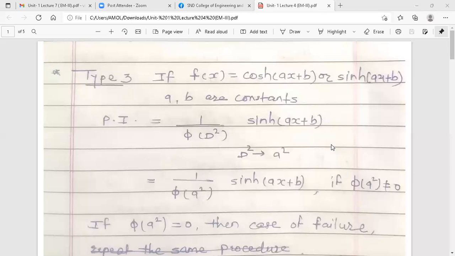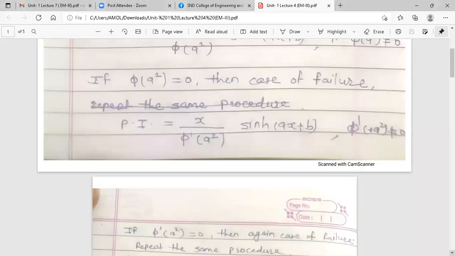The condition is that phi of a square must be non-zero. If phi of a square is 0, then it is the case of failure. And if it is the case of failure, then to get the PI, you multiply the numerator by x and take the derivative of the denominator. The derivative of phi will be phi dash of D. In that phi dash of D, you replace the terms of D square, and not the terms of D, by a square.